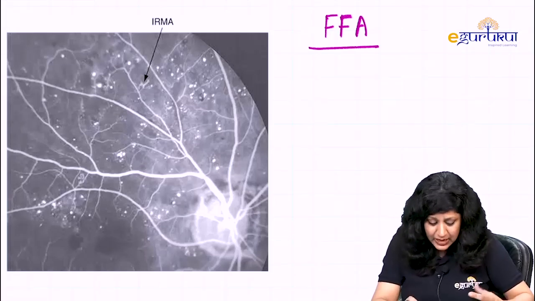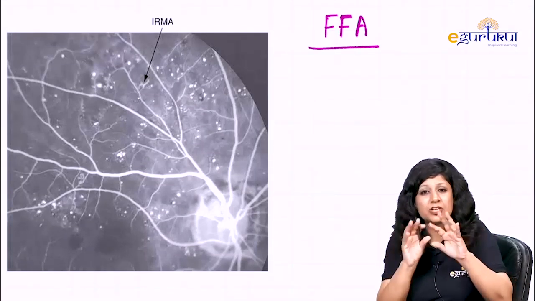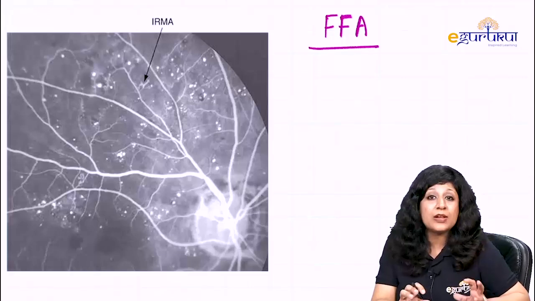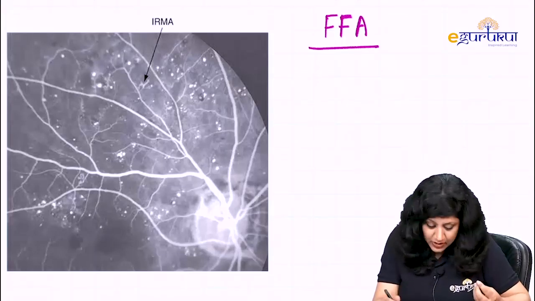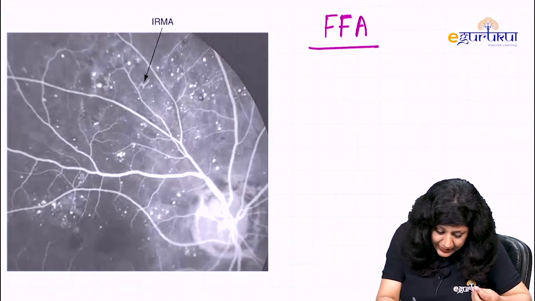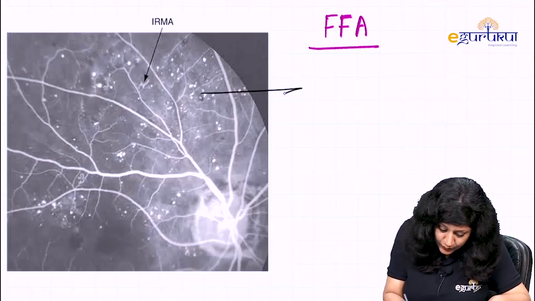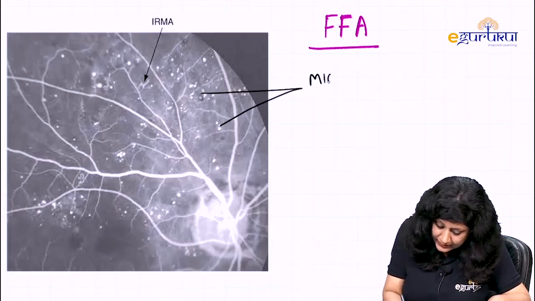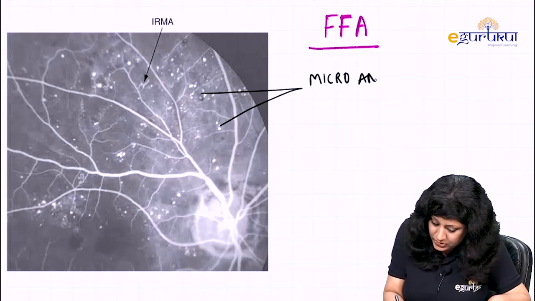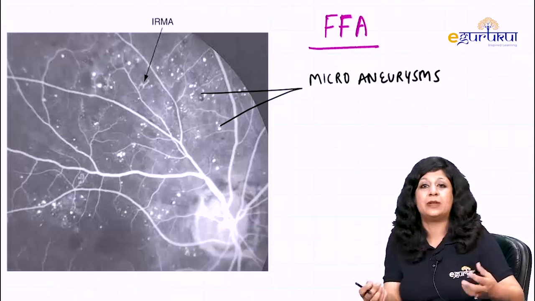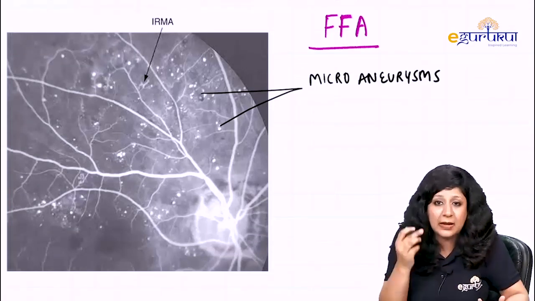Now can you see, we have small areas which are glittering over the fundus. These are the microaneurysms, the dilated capillaries, showing you the pooling of the blood.